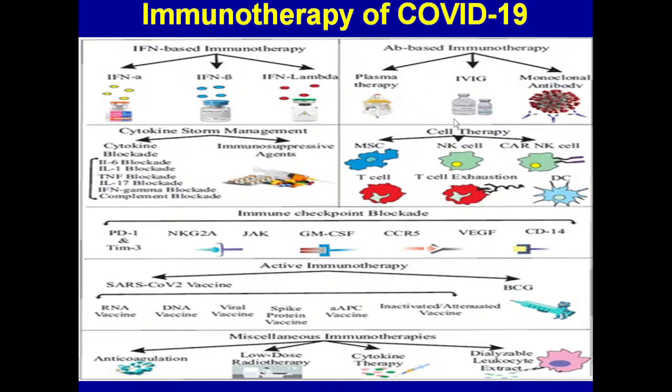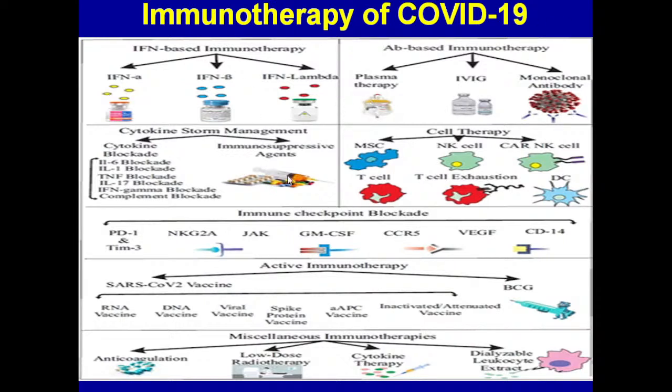Then antibody-based therapy, where we may use plasma. Then, if it is highly purified, we may use intravenous immunoglobulins, or we may use monoclonal antibodies. These are approaches that now are in the process of development. The first two are developed already.